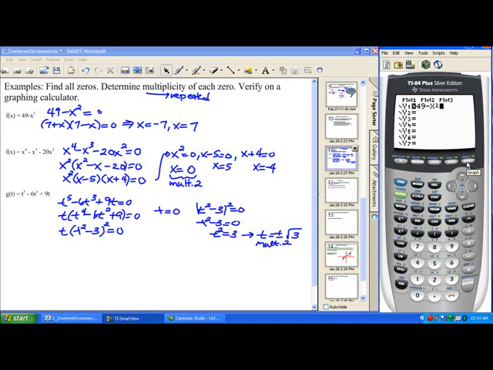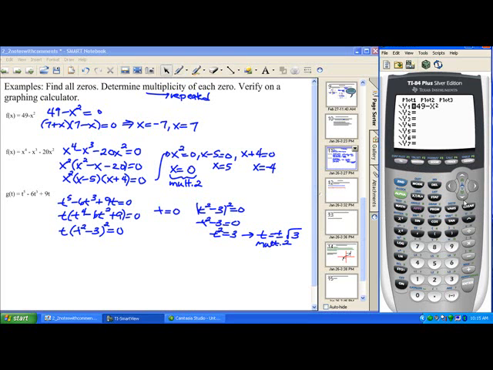We know this is a quadratic, so the graph is a parabola, and there are 2 zeros of the graph at negative 7 and 7. So understand that those zeros again correspond to the x-intercepts of the graph. And one other thing to note is that at negative 7 and 7, the graph crossed through the x-axis at those points.